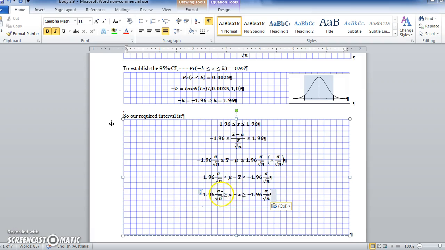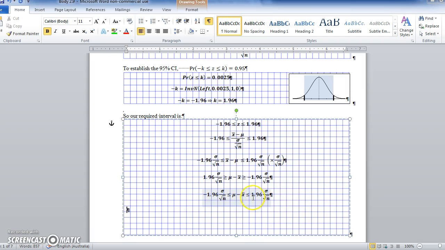So really what that means is if we put a negative sign here and swap that sign to be a less than or equal to sign, and then take away the negative there and change the sign again, that's saying that mu take x bar is greater than or equal to -1.96 sigma on root n, and it's less than or equal to 1.96 sigma on root n. So it's saying exactly the same thing as we had up here, but we've just established a conventional order.